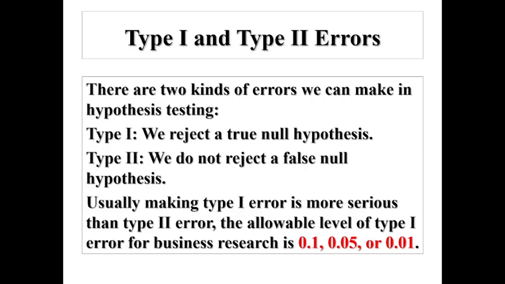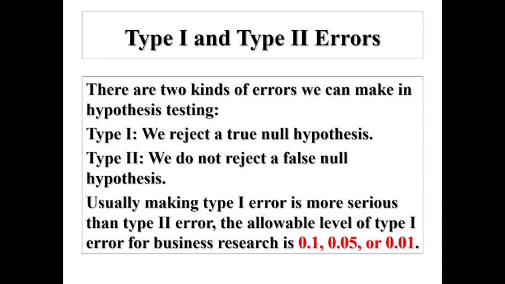So the type 1 error means that in fact A is innocent, but the conclusion says A is not innocent. This means type 1 error, right? Can you understand what I'm trying to say here?